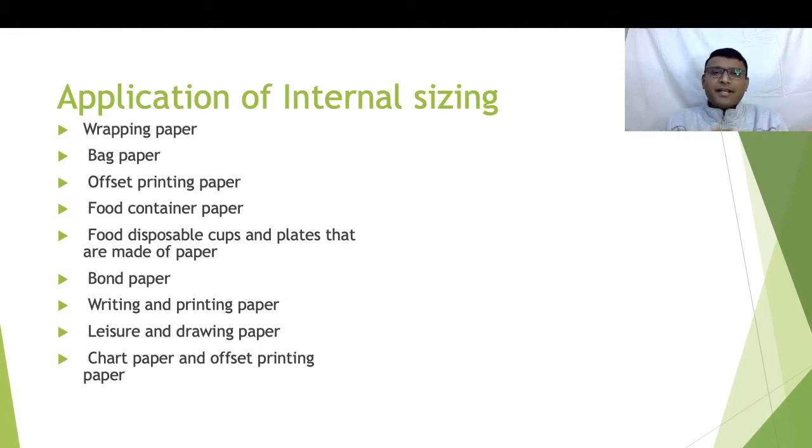Bond paper, writing and printing paper, is used mainly for photocopying purposes, or maybe someone has scanned a document and wants to take a print of it. In a lot of places it is used for leisure work, writing purposes, or drawing, mainly in classes for children to draw, calligraphy, or modern art.